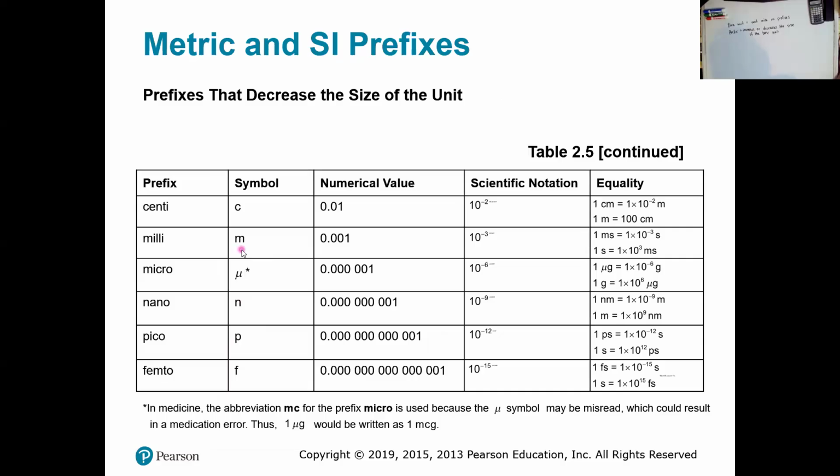Okay, if we're sort of continuing on the table here, these are going to be the most of the units that will decrease the size of your base unit instead of increase them. So you want to pay attention to both the letter as well as the capitalization.